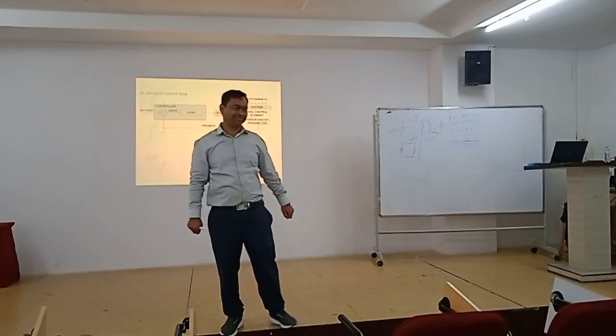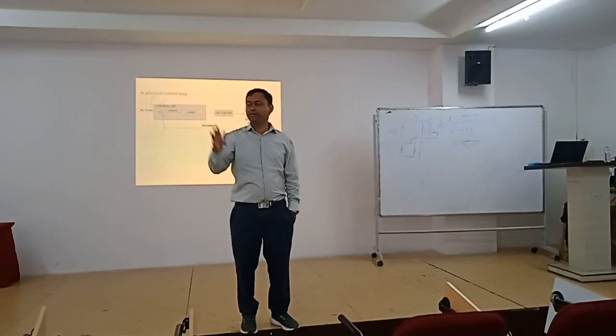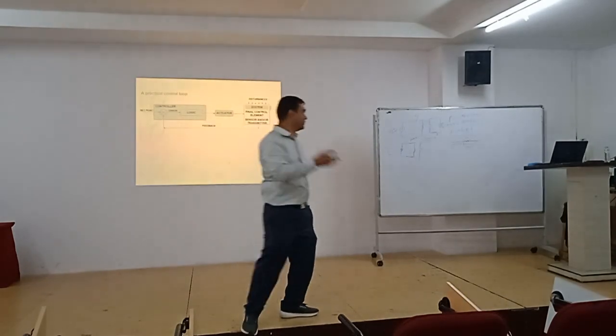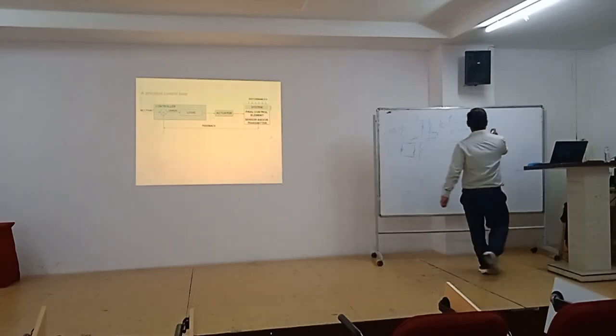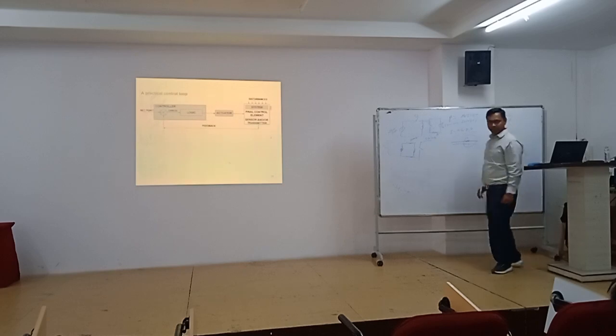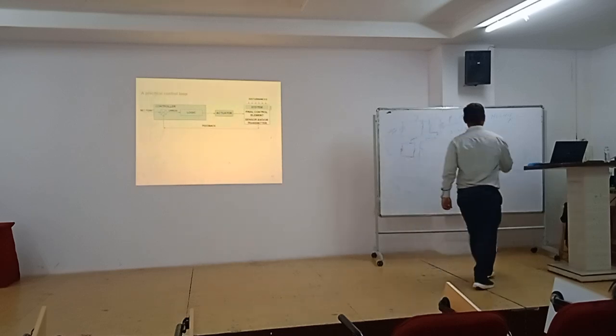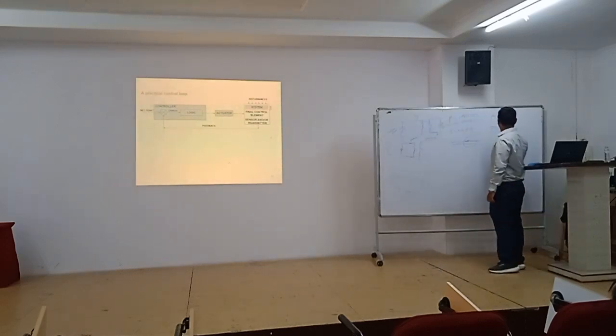Of the induction motor. An induction motor is actually a constant speed machine. Why is it a constant speed machine? Because you see the equation of speed: Ns is 120 f by P, the synchronous speed. And the actual speed is Ns into (1 minus s).